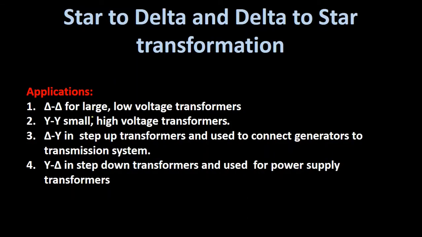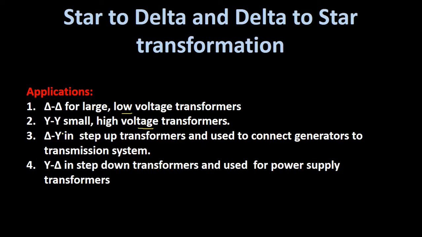The delta to delta connection is economical for large low voltage transformers, and the star to star connection is economical for small high voltage transformers.